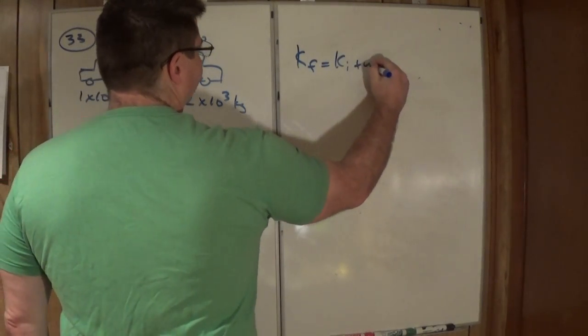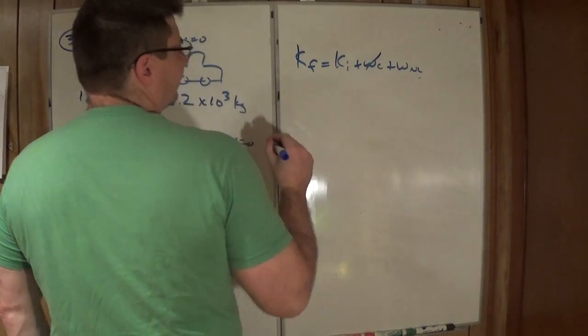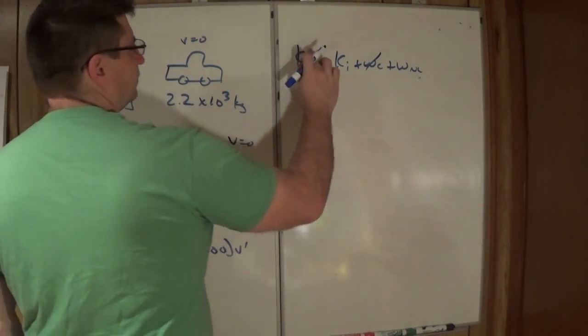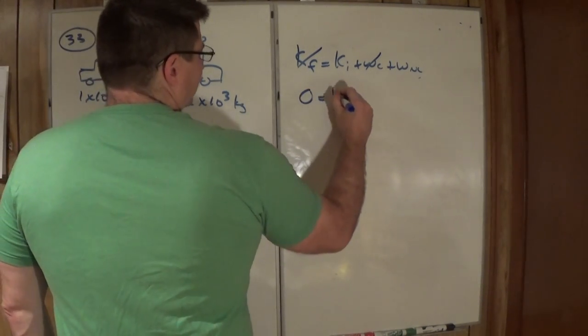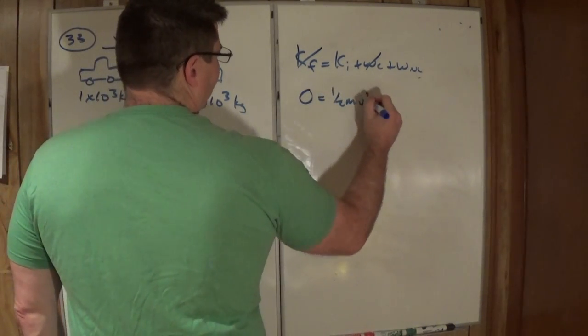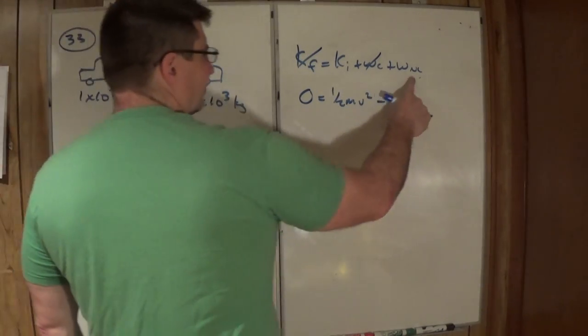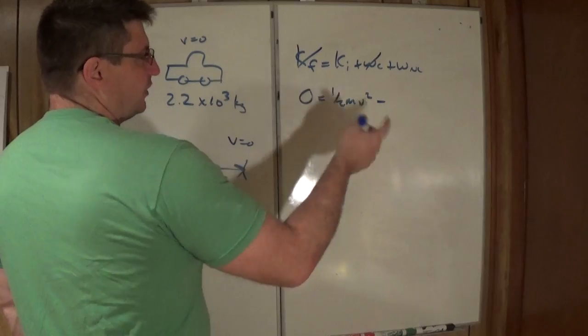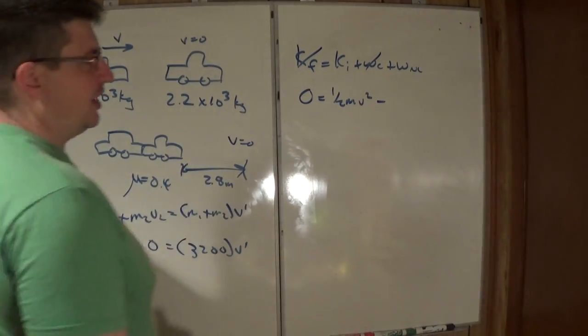Kf is Ki plus conservative work plus non-conservative work. There's no conservative work here, and there's no final kinetic energy. So we could say 0 equals 1/2 mv squared minus, I think in an earlier video I forgot to put a minus on here, I said plus, but you understand, we have to subtract the non-conservative work by friction in this case.